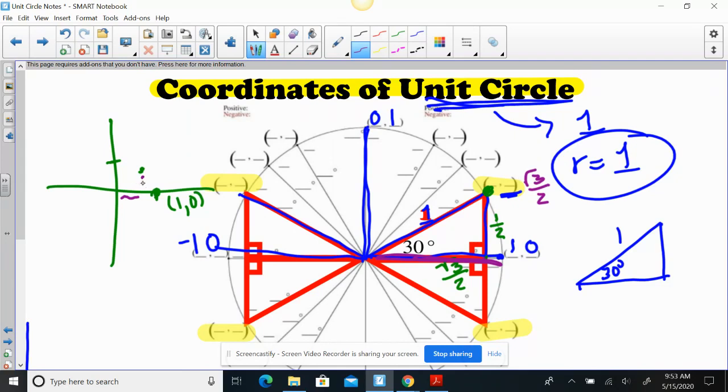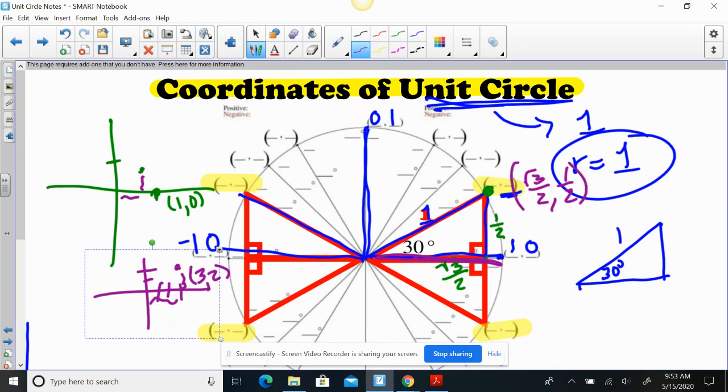This point is up that amount, which is that side of the triangle, 1/2. It is the same as if I gave you a normal graph and said, hey guys, what's that point? You'd say, well, that's 3, 2. You went over 3, up 2. This one is over rad 3 over 2, up 1/2.